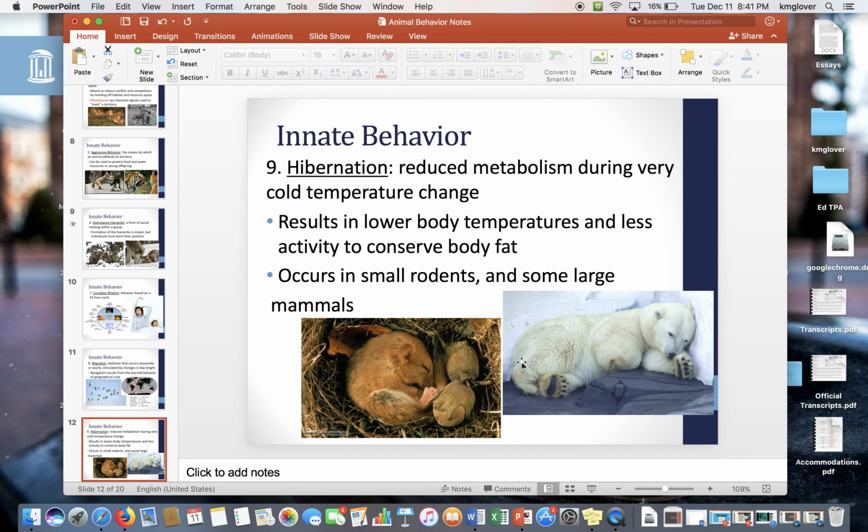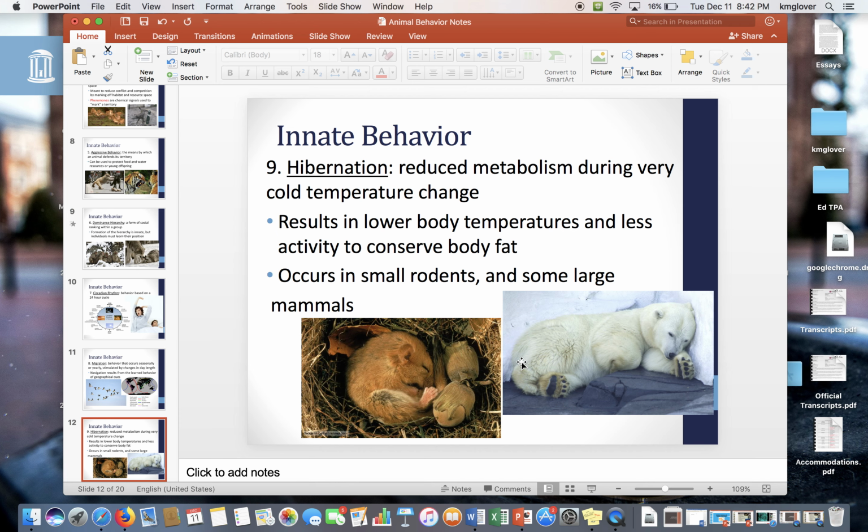The next one, hibernation, as Sandy Cheeks says on SpongeBob. You know what that is? It's when animals reduce their metabolism during very cold temperatures. During really cold seasons, some animals like polar bears and rodents are going to really slow down their metabolism and stop their movement in order to conserve their body fat.